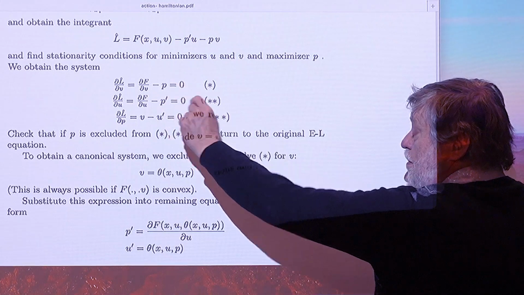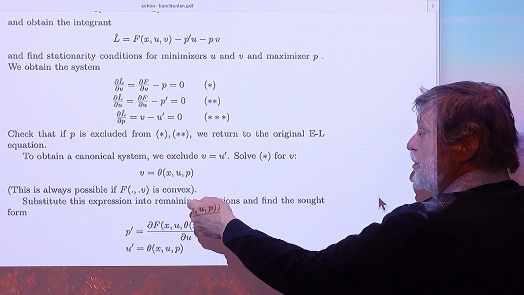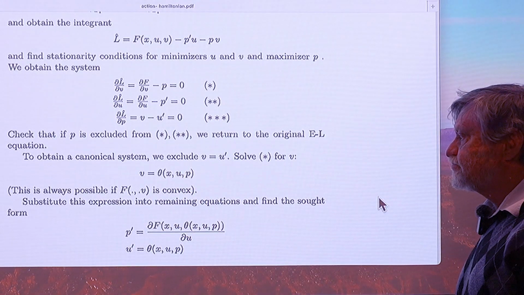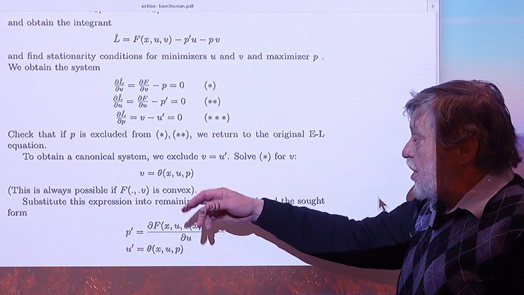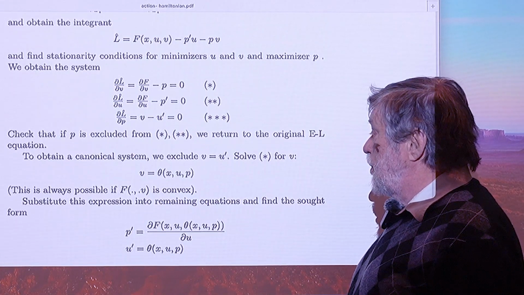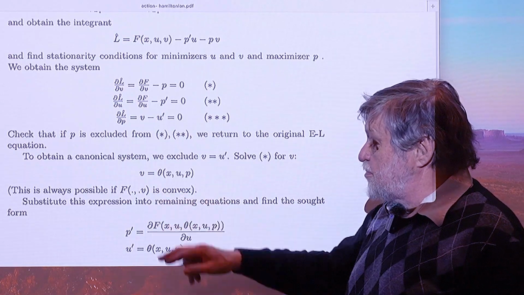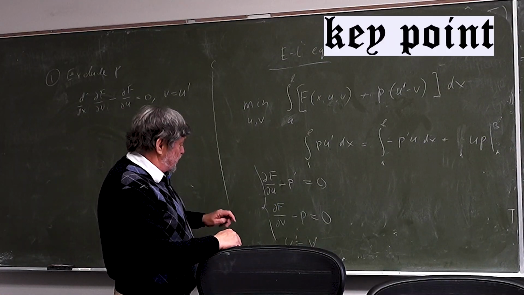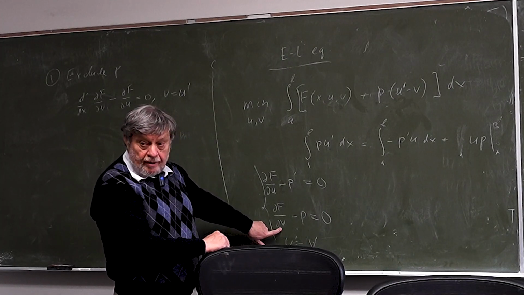This algebraic equation defines p as a function of v, and we want to find v as a function of p and the rest of the variables.